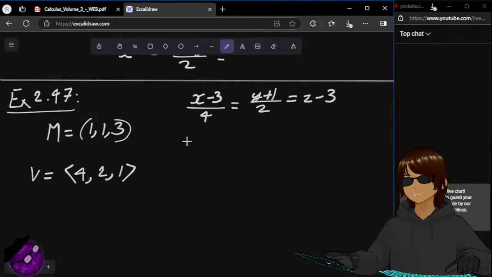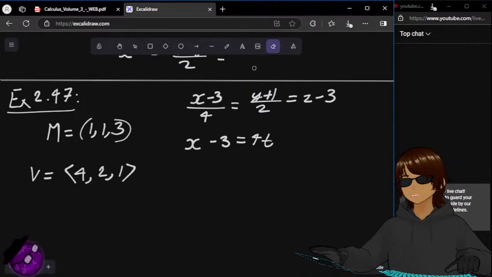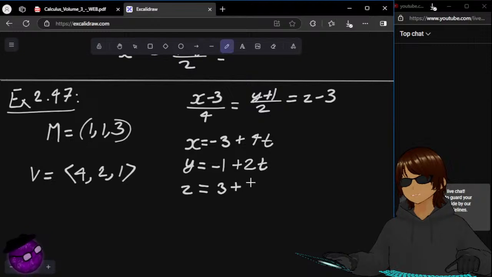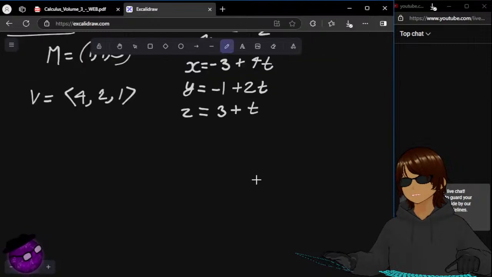Wait, I think it's better if I write it like that. Then y is equal to minus 1 plus 2t. I think it's easier if I imagine it like this. 3 plus t.